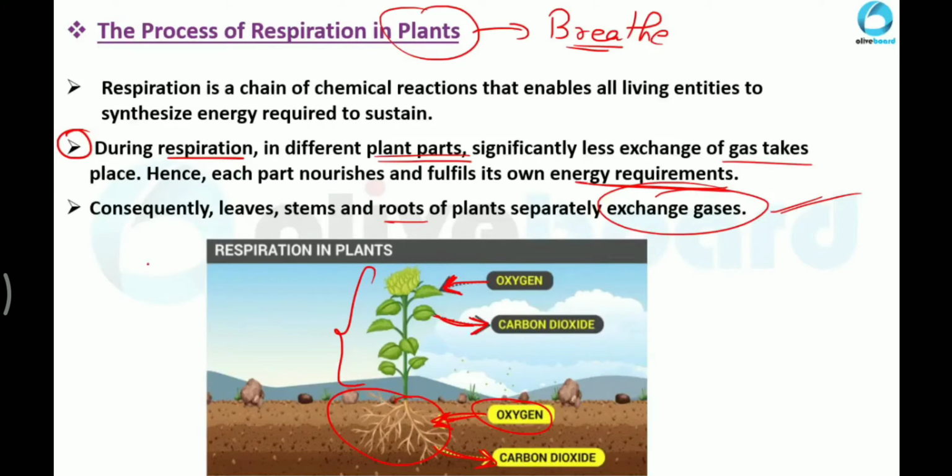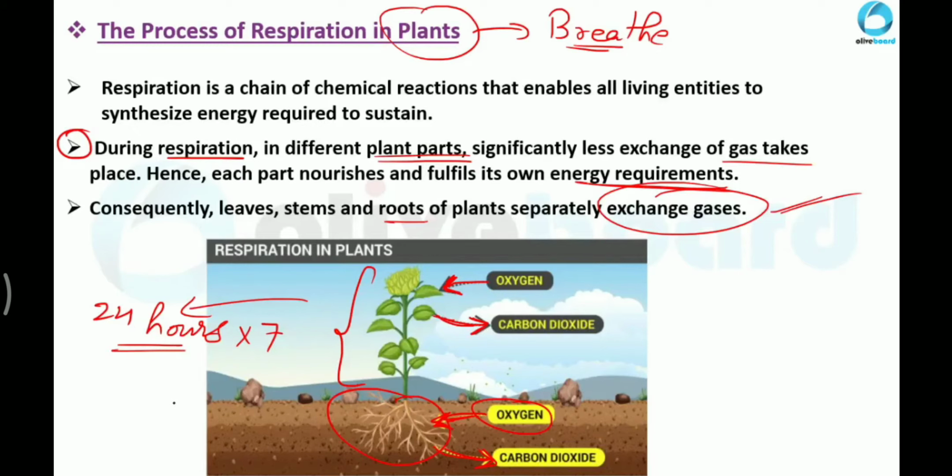And obviously this respiration process occurs 24 into 7, that is, all the time, throughout the life cycle of the plant. During its life cycle, every second, plants breathe the same as animals and human beings.